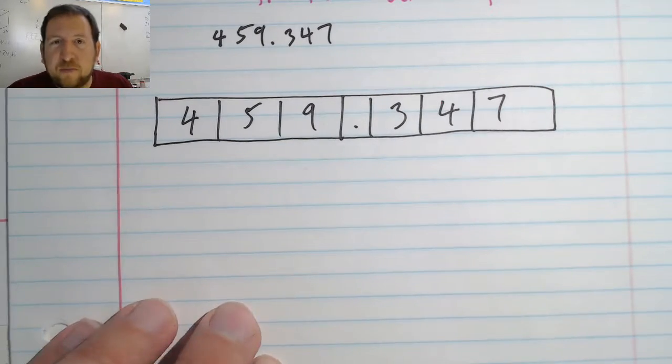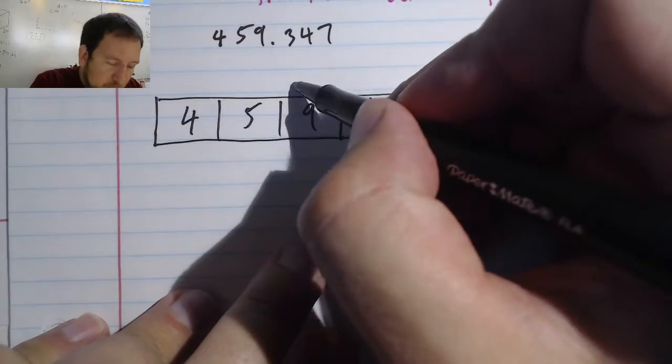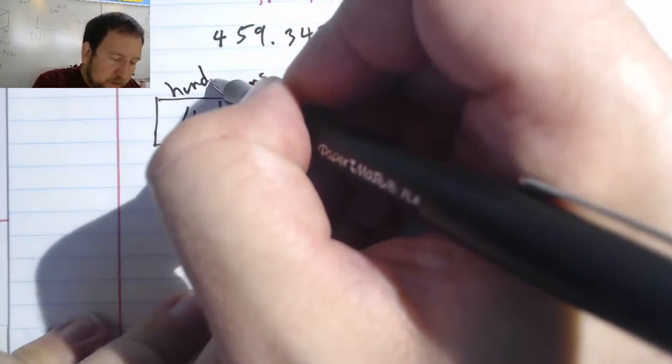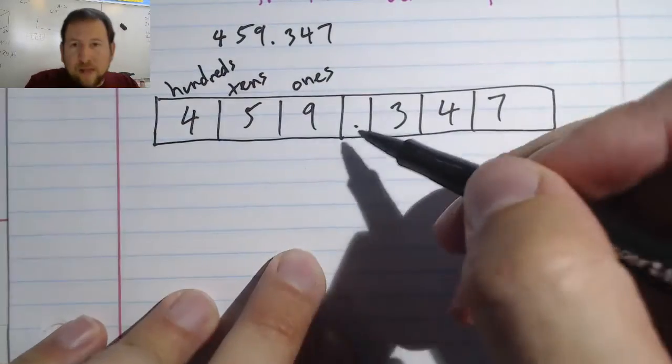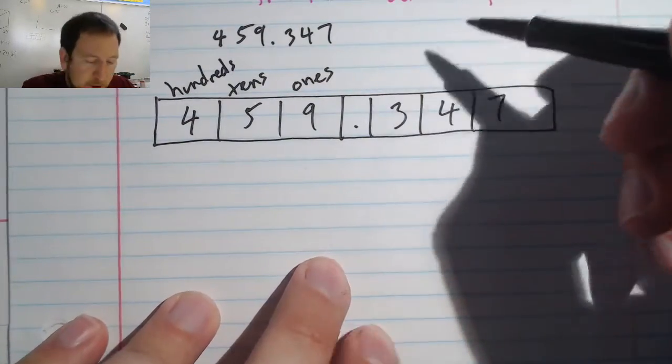If we label each piece of this number and its little place value, I always like to start here with my ones. Here are my tens. Here are my hundreds. Then I can use my divider right here. This separates, remember, my whole part from my fractional part.